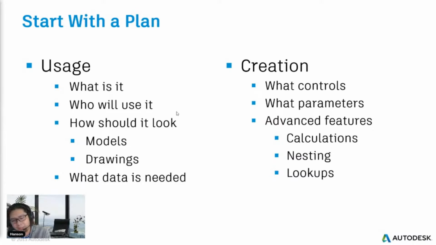It can be a rectangle, and what data is needed. The data needed for this is a box with the length, width, and height. We need some control parameters, calculation, nesting objects. So that's what we need. We need length, width, and height to create a box.